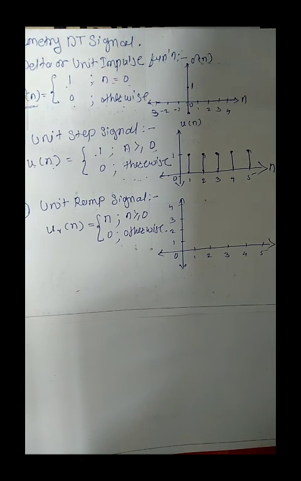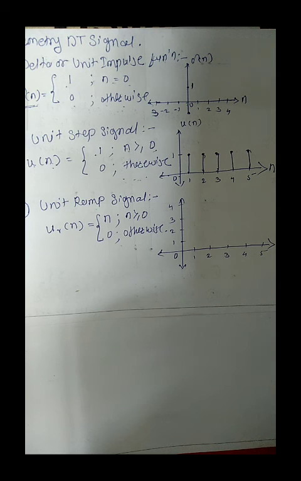See the map. What is the unit ramp signal? u r of n, for n greater than or equal to 0, is equal to n. That means the value of n on the x-axis and the value of u r of n are both the same.